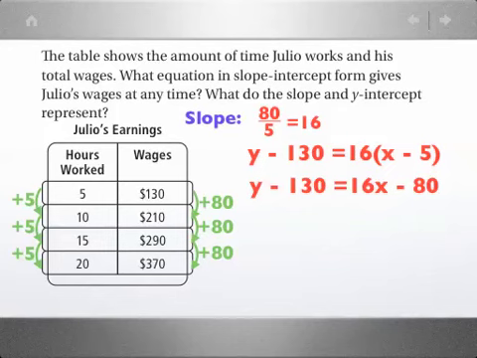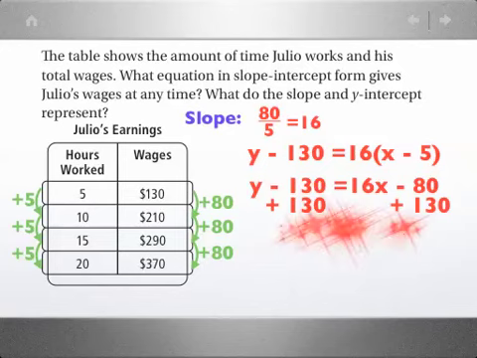To be in slope-intercept form, I need to get y by itself to have it in y equals mx plus b. To get y by itself, I need to get rid of the subtracting 130. The opposite of subtracting 130 is adding 130 to both sides. When you add 130 to both sides, you get y equals 16x plus 50.